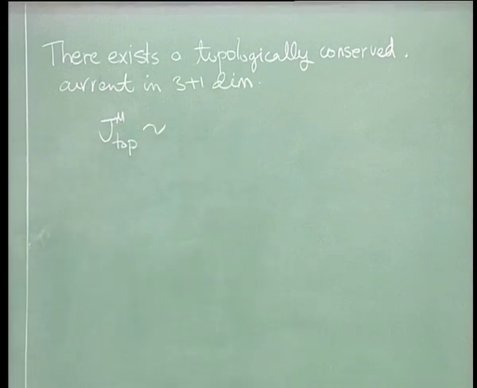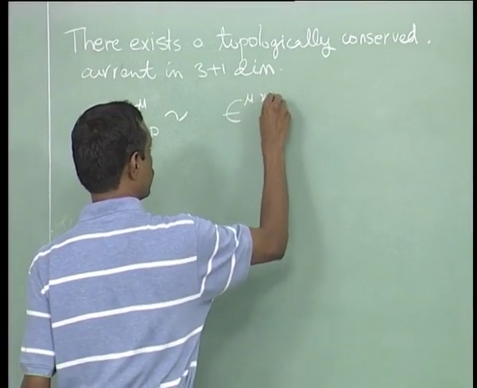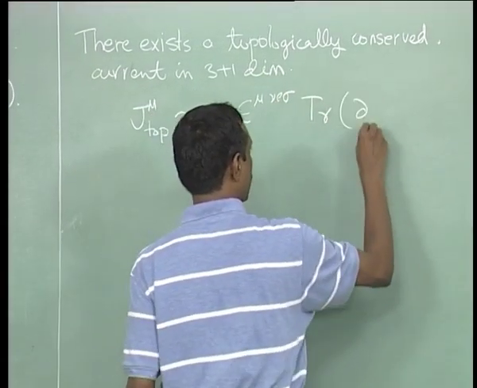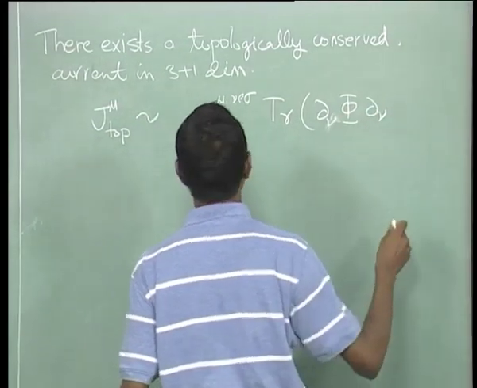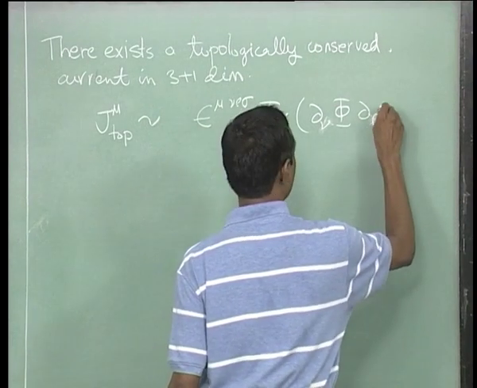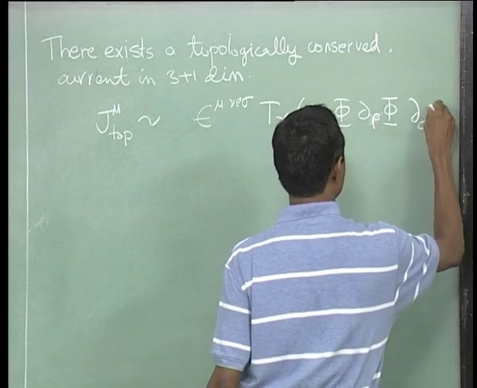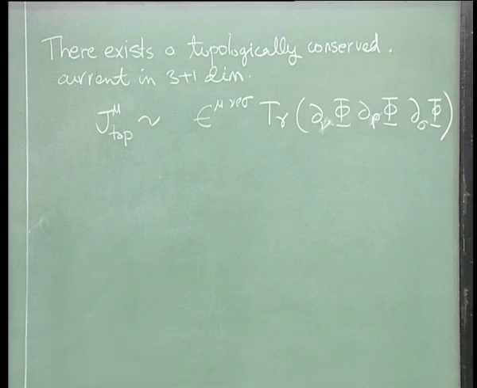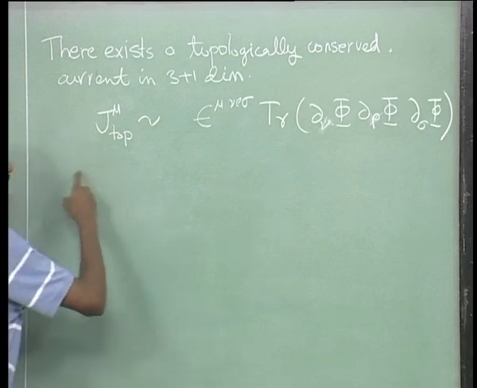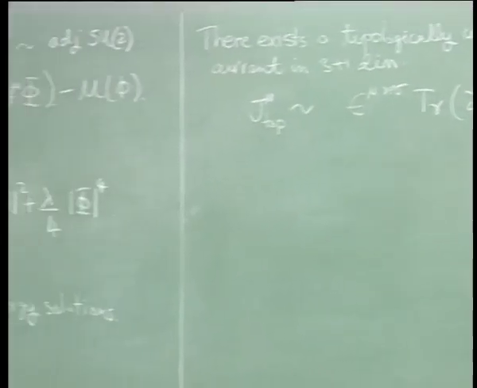I will not put an equal to right now, later we will put an equal to this thing, J mu topological, which I will write as epsilon mu nu rho sigma trace of d mu phi d nu phi d rho phi. Okay. So this trace is put because these are matrix valued guys. Okay.